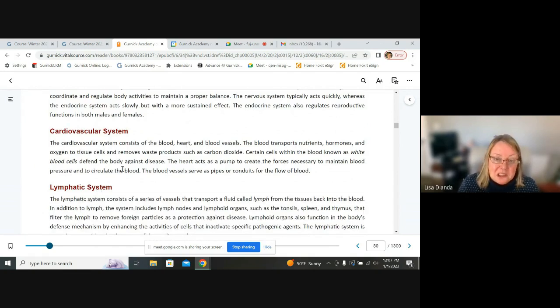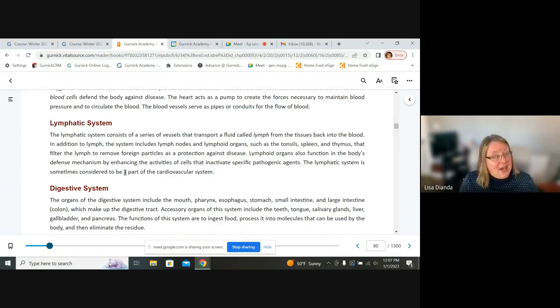Fascinating. One of my favorite systems is the cardiovascular system. And I believe most of you should have just been studying for your certified EKG exam. So whether or not you pass that exam, the fact that you can study that much more and become that competent is going to be valuable to you. The cardiovascular system, great system. Lymphatic, right? Lymph protects us against disease, removes foreign particles.